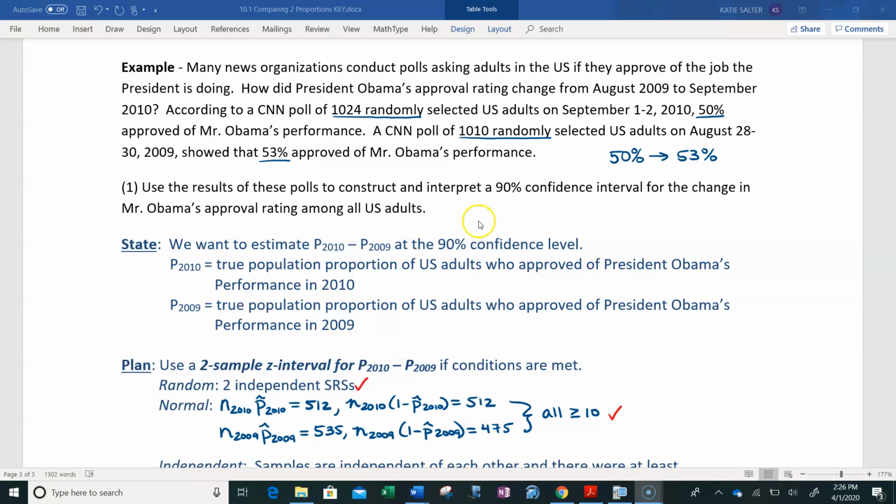And again, like we talked about yesterday, make sure you say the true proportion or the population proportion, or you can put it together, the true population proportion for each one. You have to state the name of the interval, just like you have to state the name of the test. In this case, this is a two-sample Z interval for the difference in the population proportions.